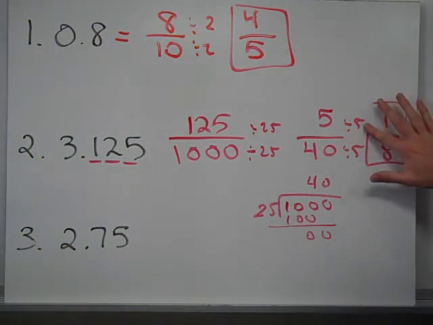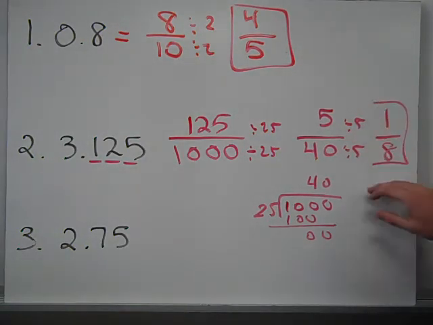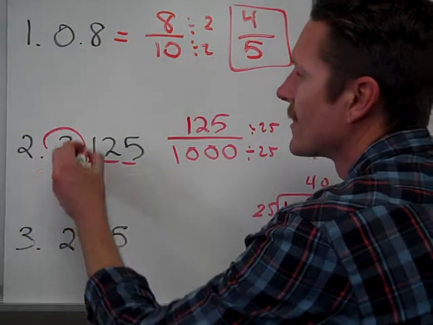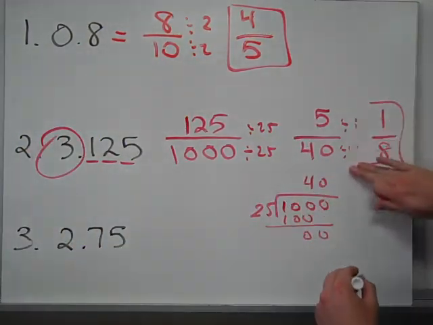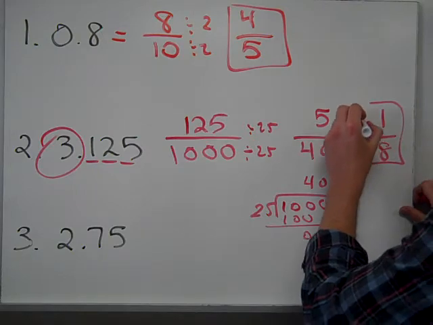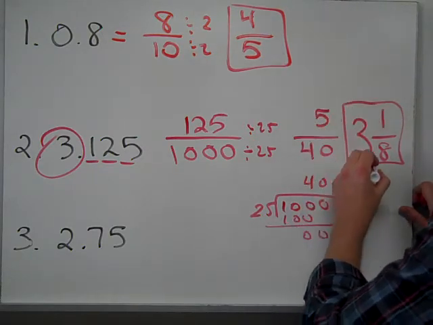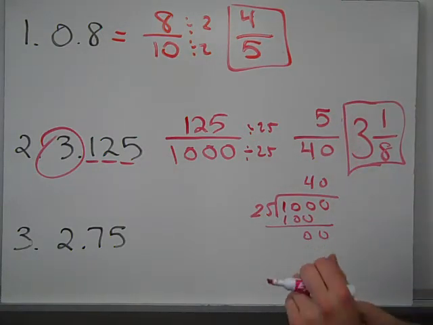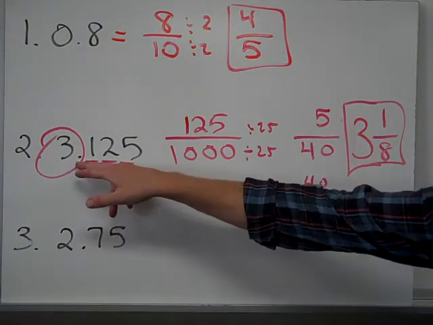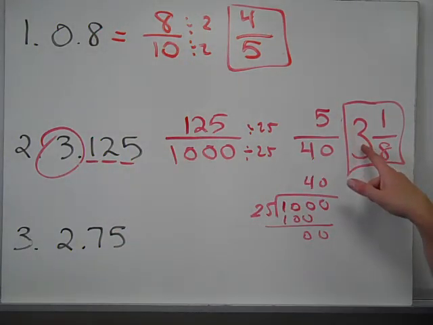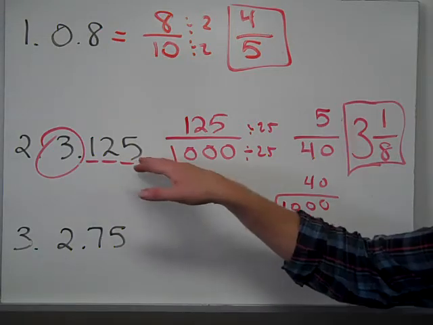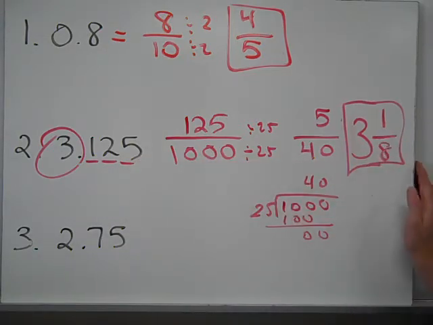Hold on, I just found out I made a mistake right here. I got that 1/8, but I can't forget about this 3, that whole number. So my answer is actually 3 1/8. Can't forget that whole number. I've got to put it right there, whole number, and then the 1/8 is my 125 thousandths.